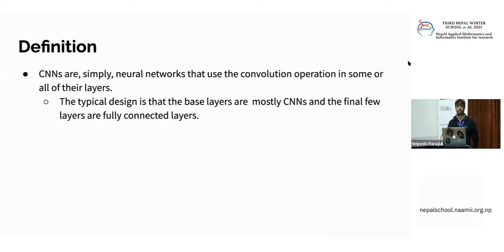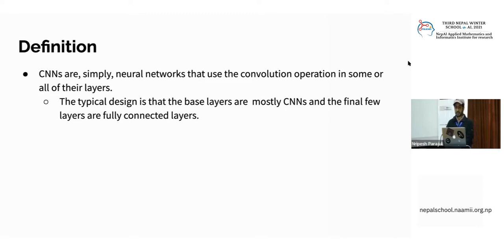Generally, if a neural network uses some convolutional layers, then it's called a convolutional neural network. Particularly, the more classical networks are built in such a way that the first many layers are convolutional and the last couple of layers are fully connected, or in other words, dense.